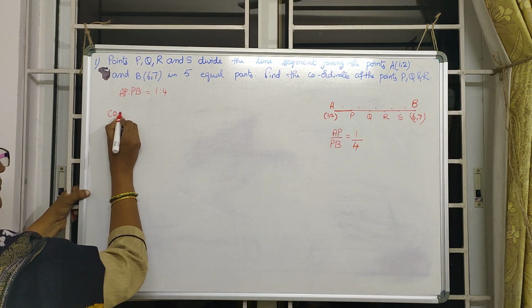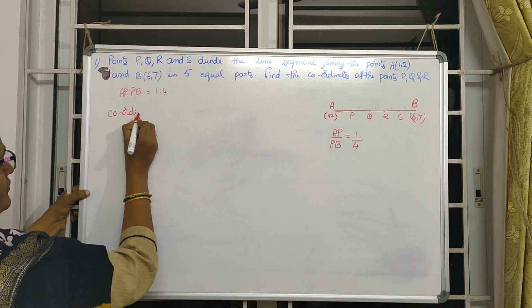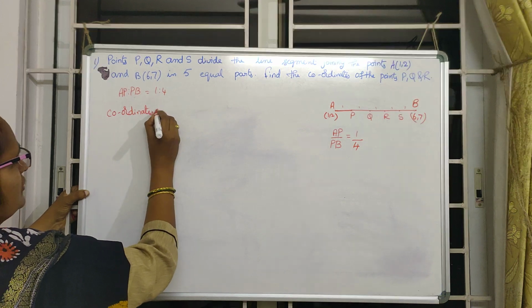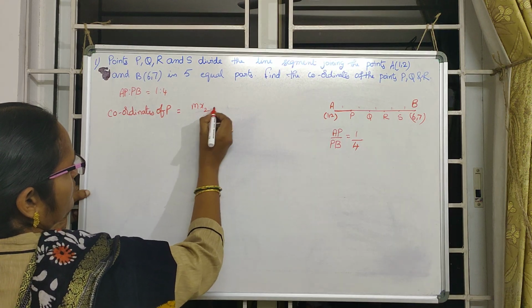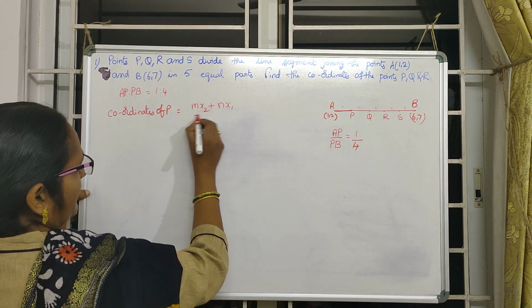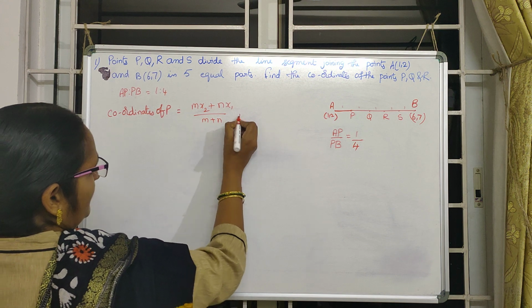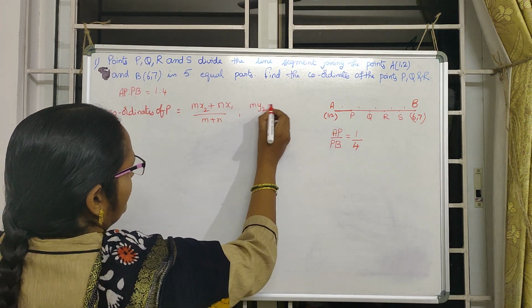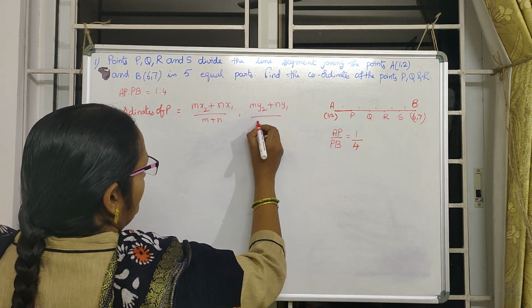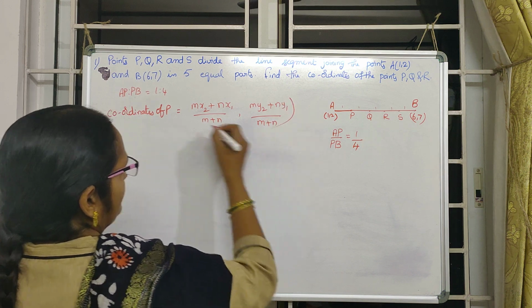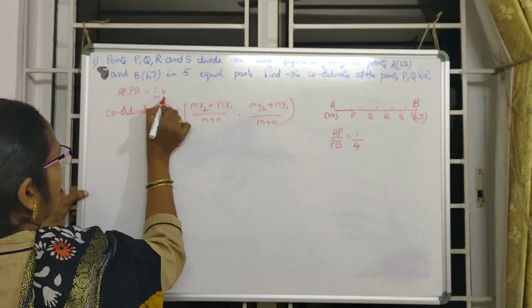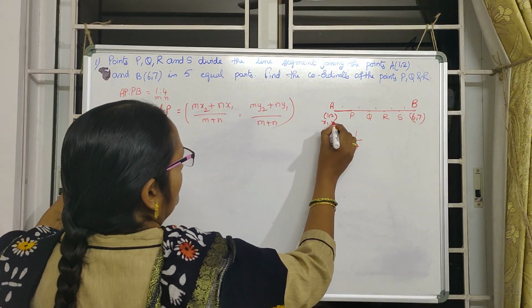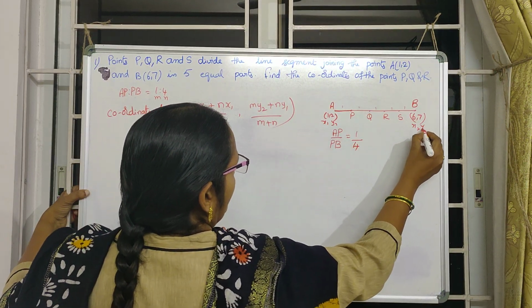Therefore, the coordinates of P is (mx2 plus nx1) by (m plus n), comma (my2 plus ny1) by (m plus n). Section formula is this one. Here m:n is 1:4, so this is m and this is n, and here it is x1, y1 and this is x2, y2.